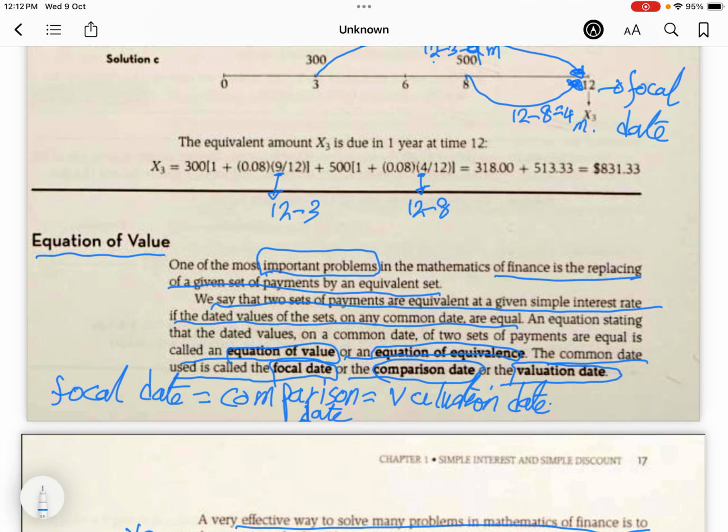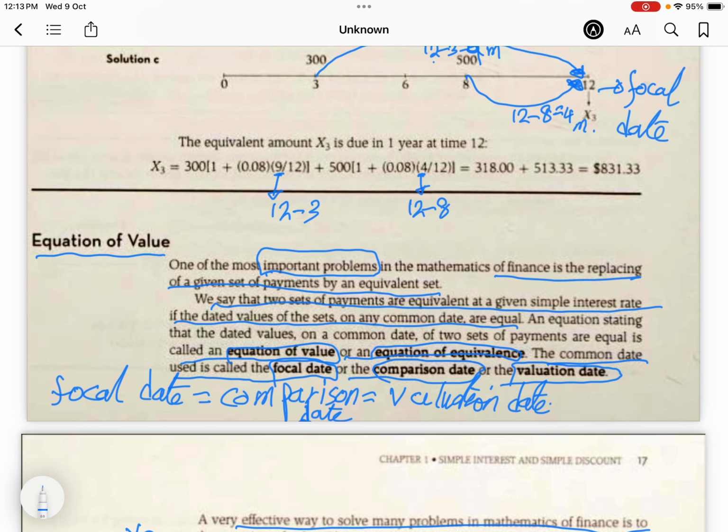We say that two sets of payments are equivalent at a given simple interest rate if the dated values of the sets on any common date are equal. An equation stating that the dated values on a common date of two sets of payments are equal is called an equation of value, or an equation of equivalence.